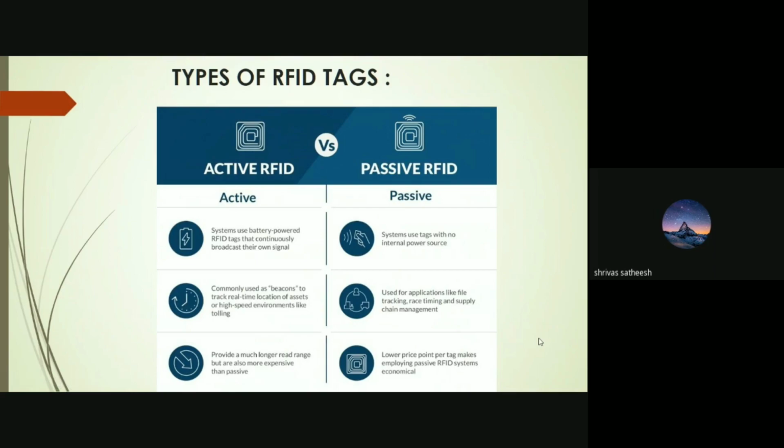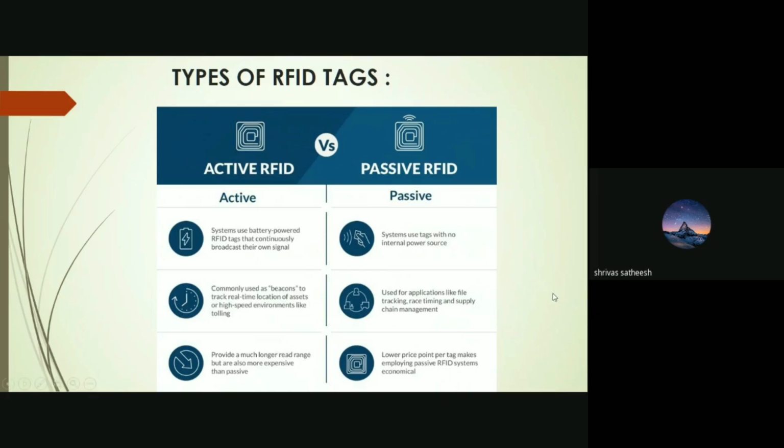Passive is used in applications like race timing, office entry, and attendee entry. Active provides a much larger range and is more expensive than passive, whereas passive is lower in price and very cost effective.